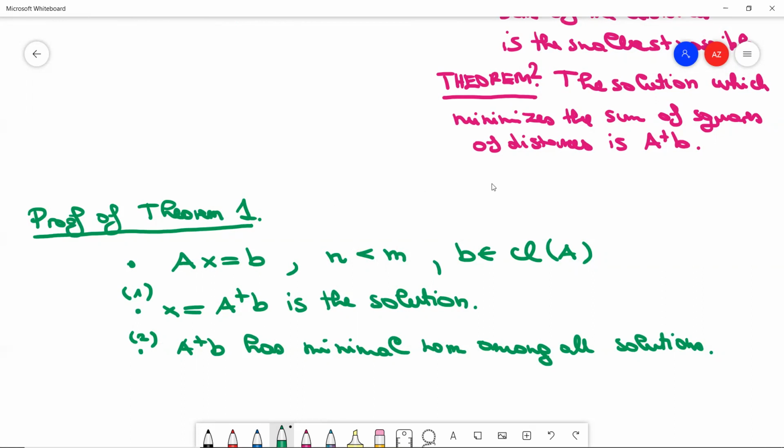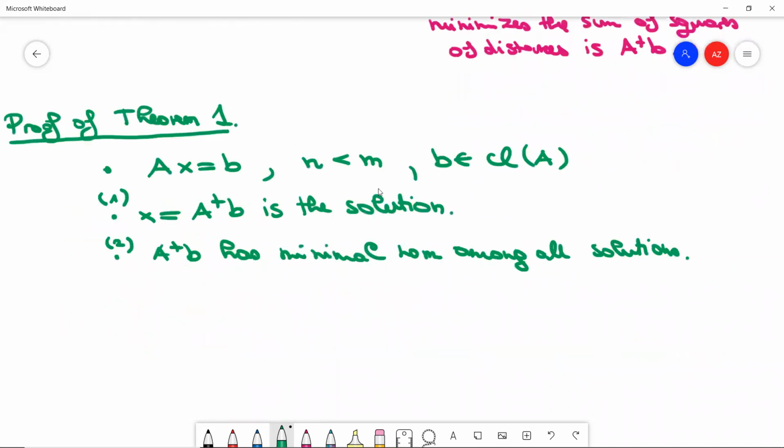Can we multiply the first equation, so A times X equals B, with A plus from the left side? Yeah. We would get that this is true, but since A plus is not invertible, we could change something. I will show you why this is not completely correct.